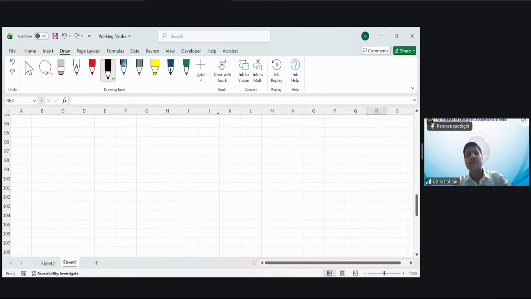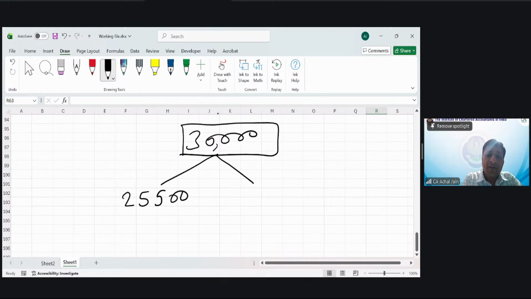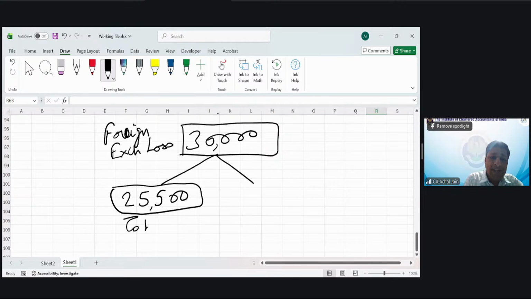Let me just pick up this 30,000 first of all. So this 30,000 is the exchange difference. Correct? Now out of this exchange difference, what do you say? 25,500 is the exchange loss to be considered as interest.